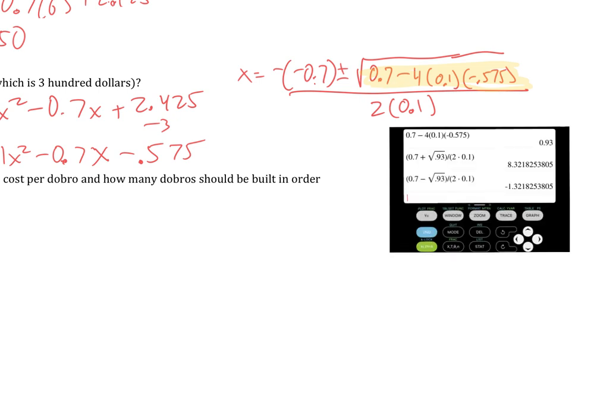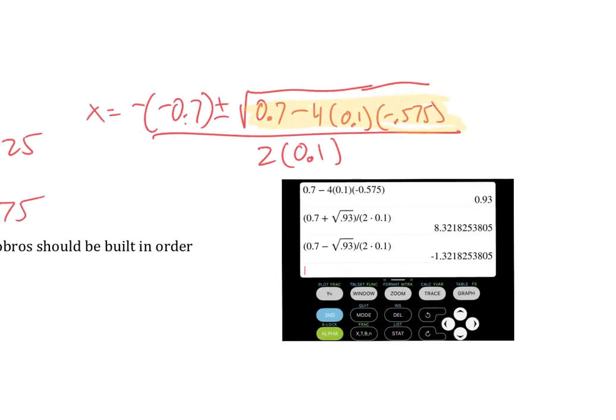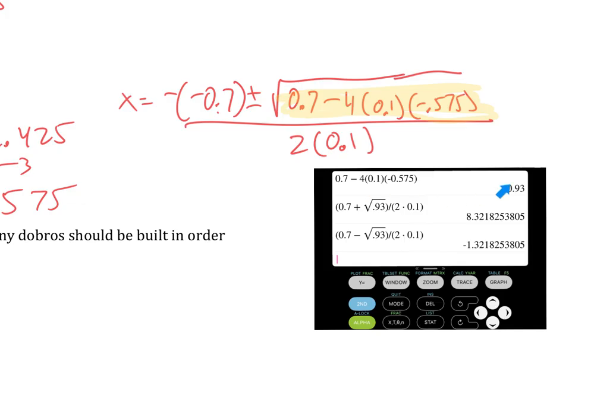So check it out, here's what I would recommend you do with your TI-84 calculators. Get that discriminant. Now, this discriminant won't always come out to be such a simple number. Sometimes it'll be even longer than this. It should come out to be a terminating decimal. So we carefully type those in.